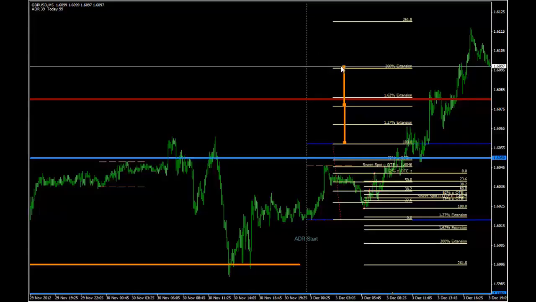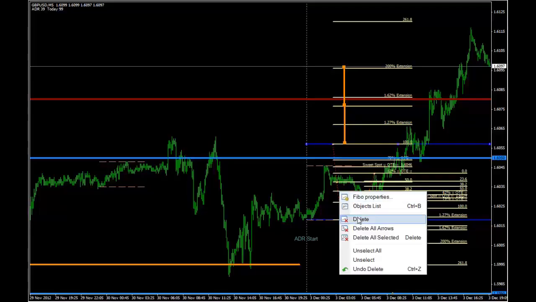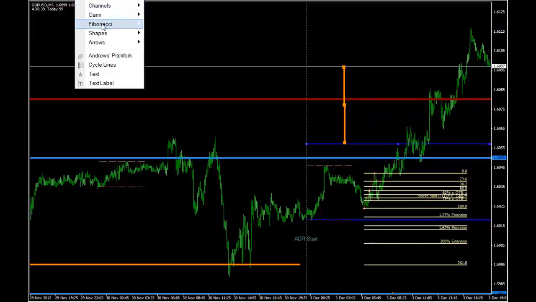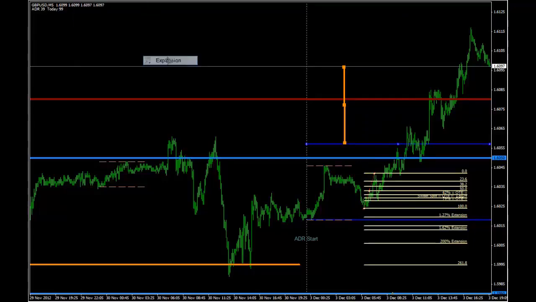Add to that also, if you use your expansion tool, just go over here and grab your expansion. Do the same similar type thing, but we're going to use the low here. It would just reverse it for sell signals.